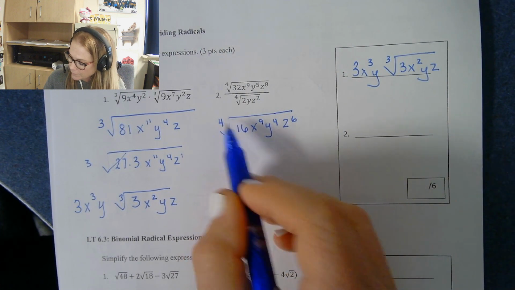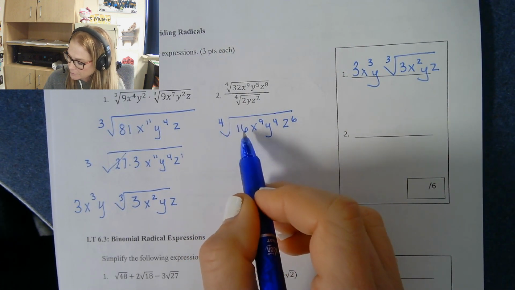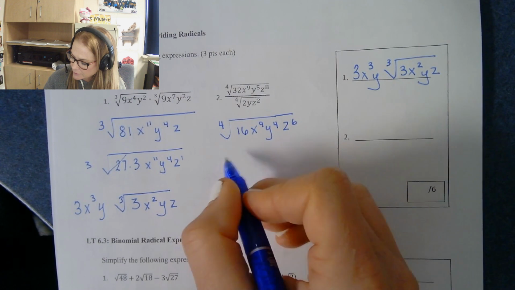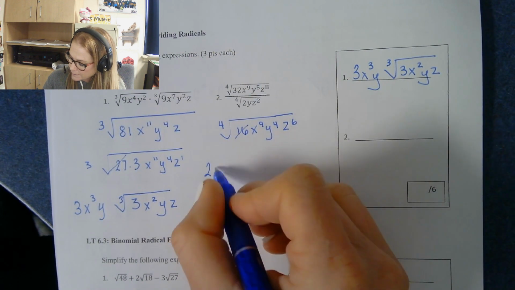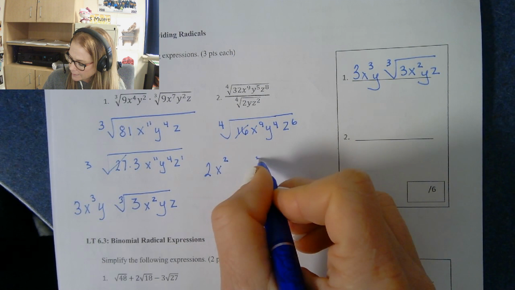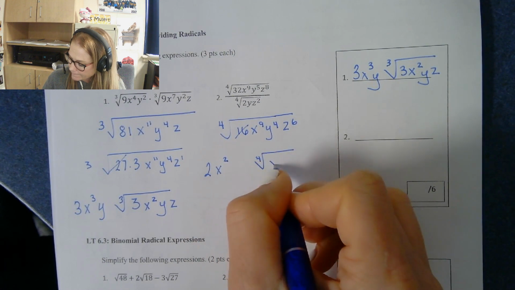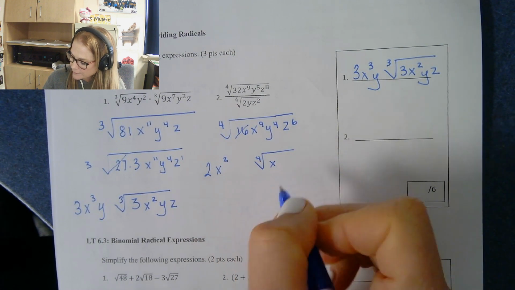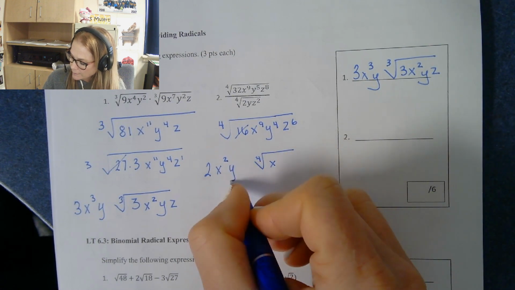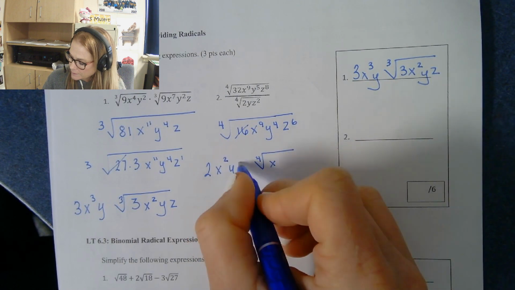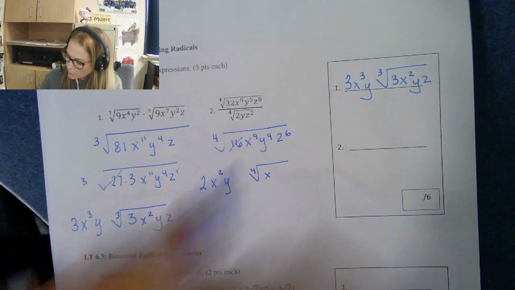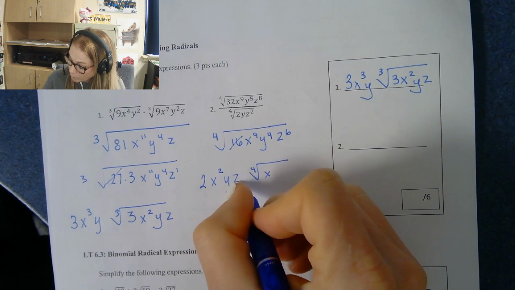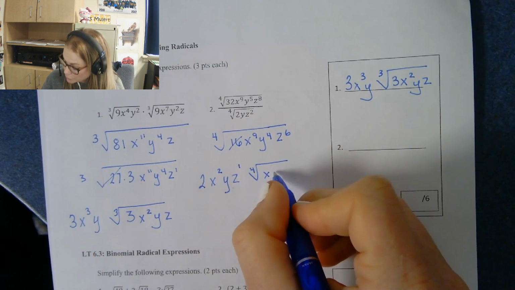Okay, so the 4th root of 16, well, 2 times 2 times 2 times 2 is 16, so that's 2. Great. 4 goes into 9 twice with 1 left over, so x to the 1st. 4 goes into 4 one time. 4 goes into 6 once with 2 left over.